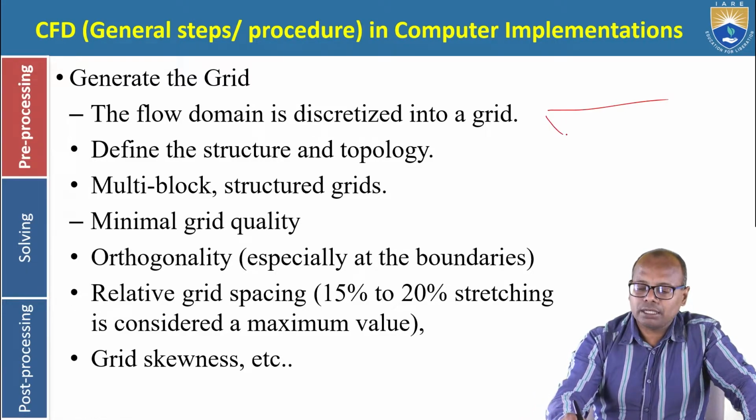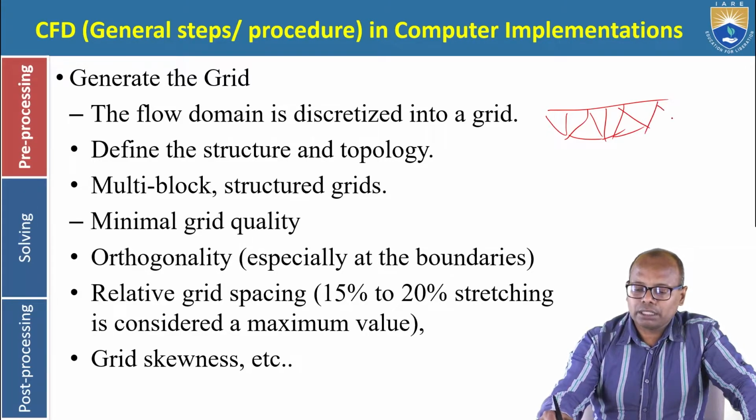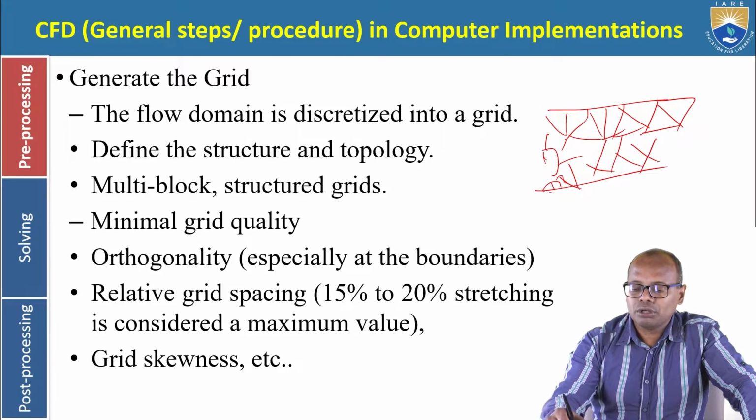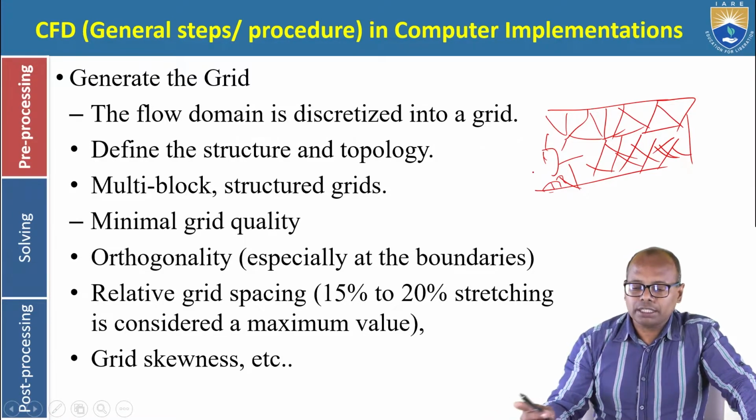So the rectangle can be divided into triangles like this. And sometimes we will take a small one here and a bigger one here. Like this we will divide the entire domain into minor parts. This is called a grid.